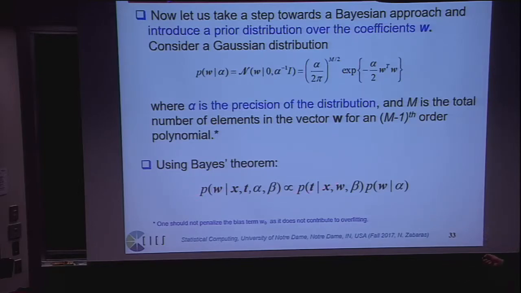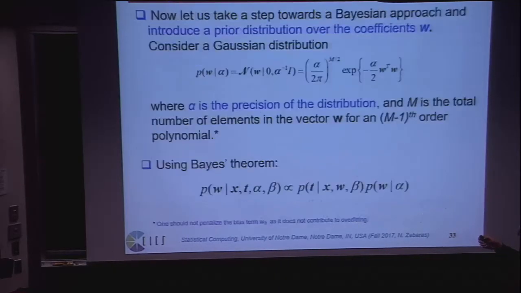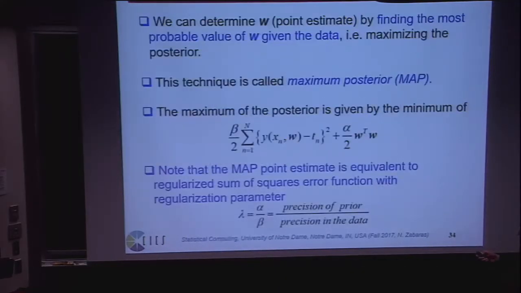Remember, the prior is a Gaussian that involves the term W transpose W, and the likelihood had this error term here. So when you take the log posterior, will you agree with me that it involves minimizing this term? This comes from the prior, this comes from the likelihood, and do you agree that this is regularized least squares? It's identical to regularized least squares.